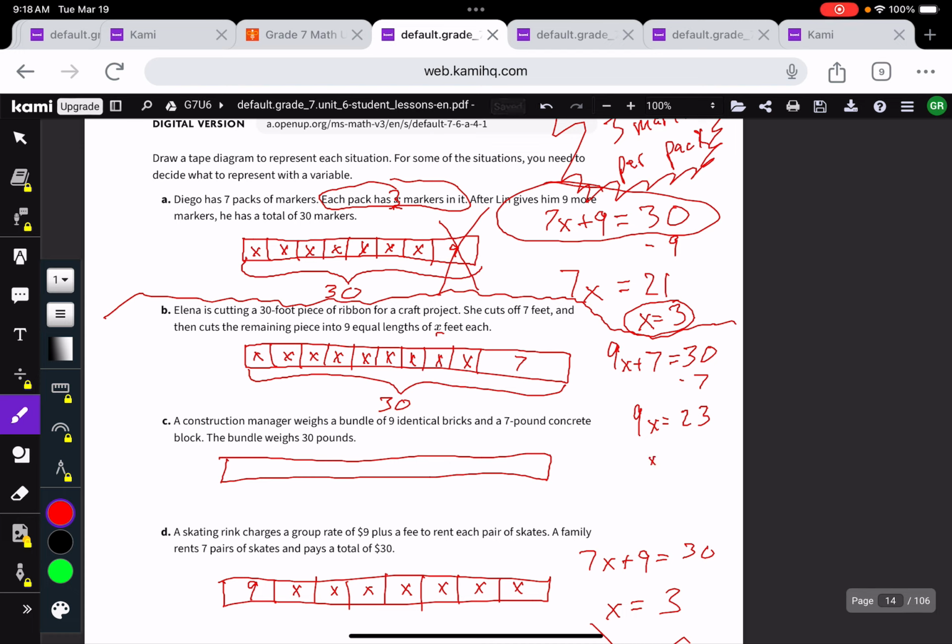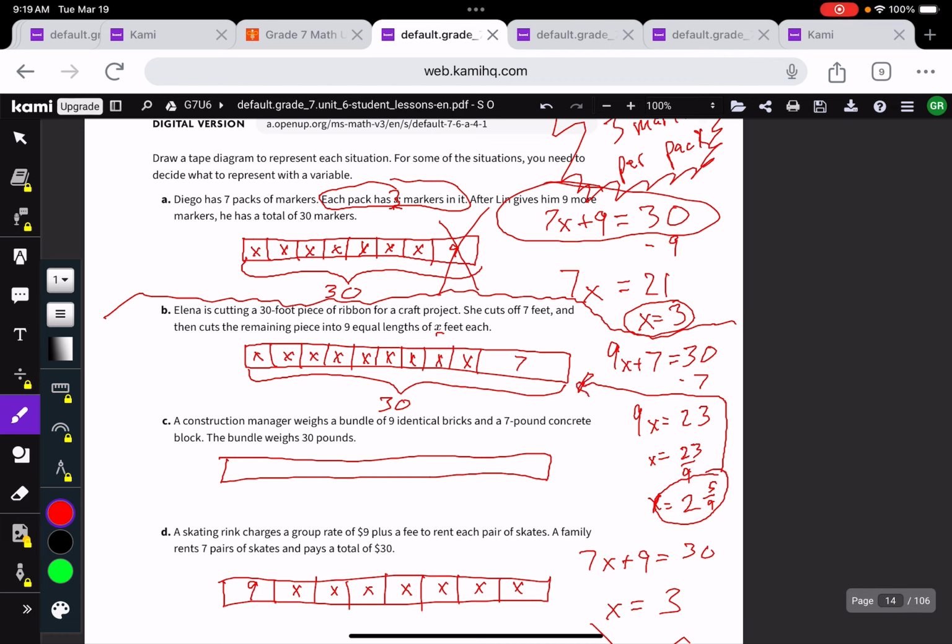That means x equals, I have to take 23 and split it 9 ways. So I could just leave it like that. I could also say that that's equal to 2 and 5/9, since 9 goes into 23 twice, with a remainder of 5. That's an annoying number, but so be it. So x equals 2 and 5/9. Well, guess what? That works for this problem.